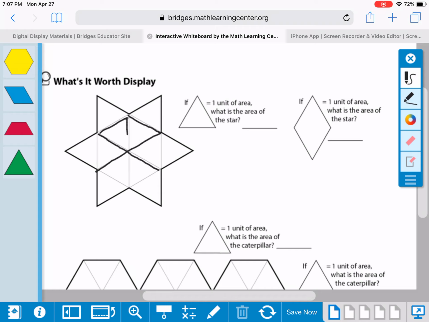All of the lines are there for me to see, to break up my star. So I know that if 1 triangle equals 1 unit of area, the area of the star is 1, 2, 3, 4, 5, 6, 7, 8, 9, 10, 11, 12.